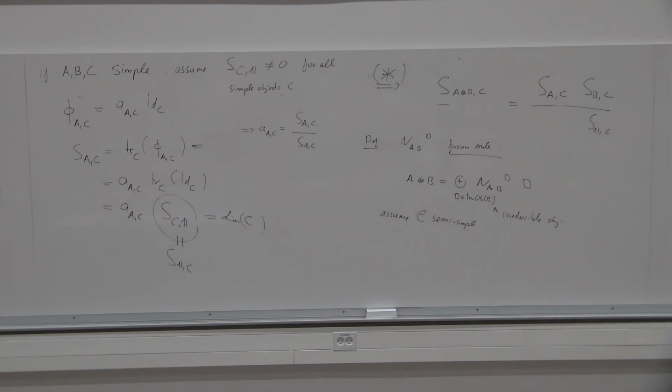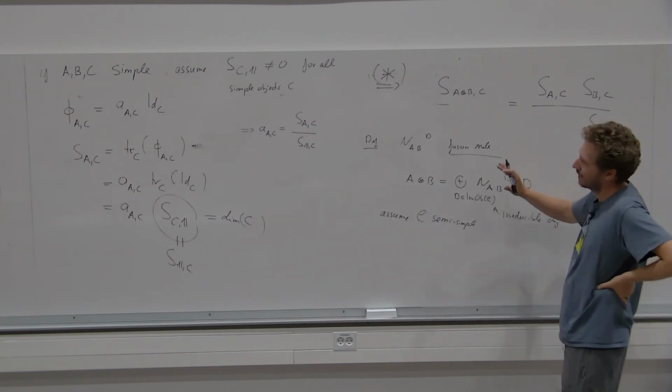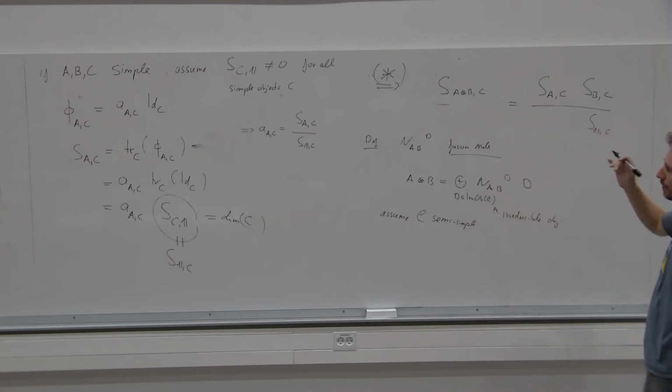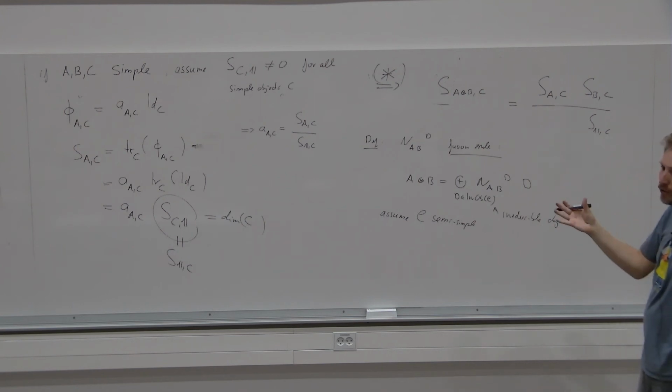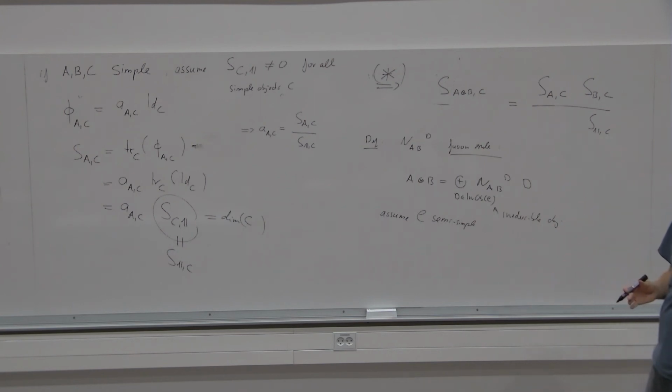I mean, really, I want to go to the Verlinde formula in this modular tensor category. But let's go step by step. And in fact, if you go over step by step, you really see what I use in every step, so that you see how I could have been more general. Why did you ask A and B to be simple before?